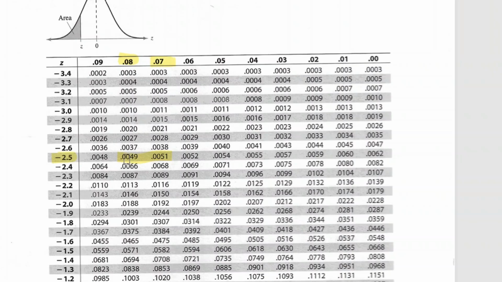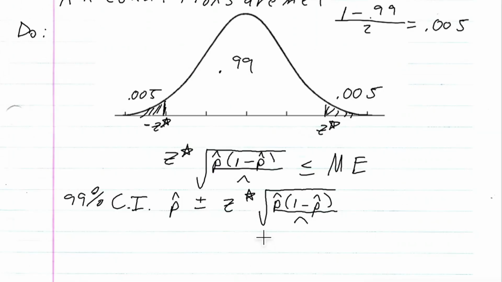So we can see that 0.005 would be right in the middle of that. So a good z-score would be negative 2.575, and since this is symmetric, this is just going to be the positive 2.575.